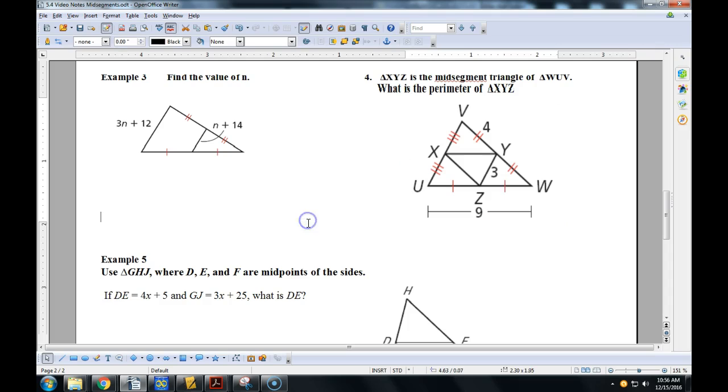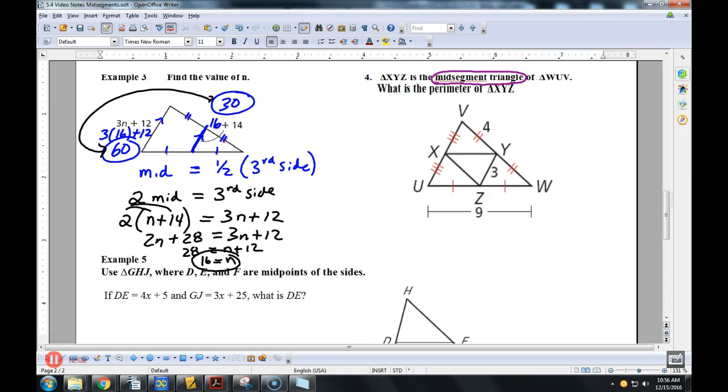There we go. Now I got some room to work. So if this side's 9, the side parallel to it is half. That's 4.5. This side we have already.